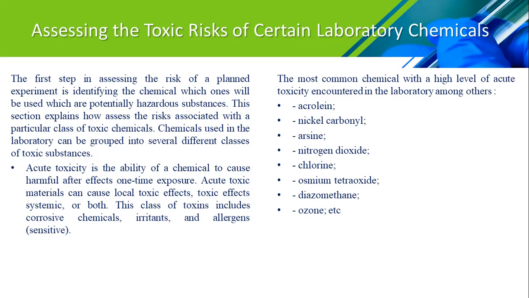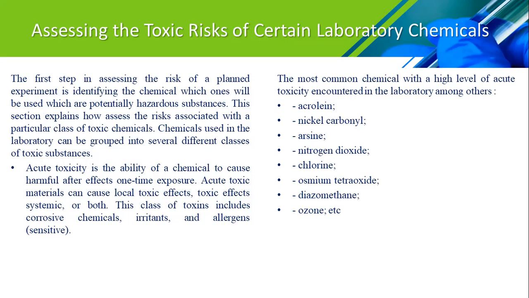Chemicals used in the laboratory can be grouped into several different classes of toxic substances. The first group is acute toxics. Acute toxicity is the ability of a chemical to cause harmful effects after a one-time exposure. Acute toxic materials can cause local toxic effects, systemic toxic effects, or both.